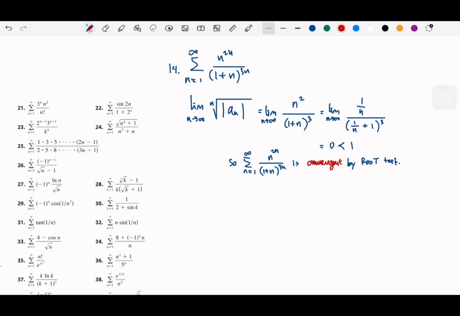Can we try 33? 33, okay. 4 minus cosine n divided by square root of n. Okay, the difficulty increases a little bit. Okay, not a little bit, much. I think this one is still okay, and after this it is increasing. Okay, let's try 33.